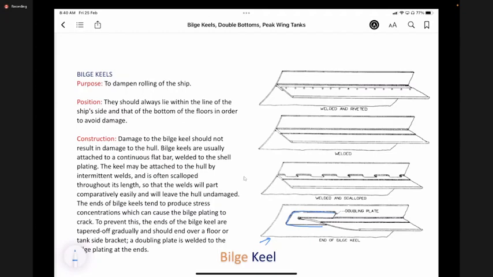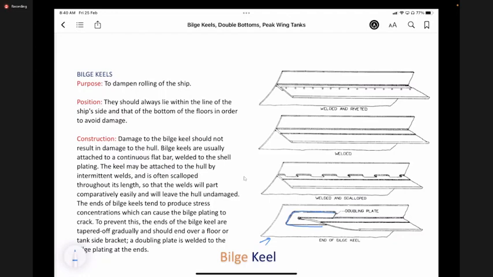When we move further along in the course, where such a doubler plate is used, basically in any region where we feel that if this bilge keel gets damaged, our hull could be affected, we are adding a doubler plate.